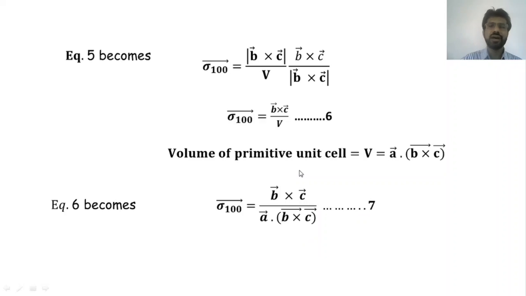So the above equation 6 becomes, by substituting the value of the volume V, the vector b cross vector c divided by the vector a dot the vector b cross c. Now, the volume of the primitive unit cell you already studied in T.Y.B.Sc; it is nothing but the scalar triple product.